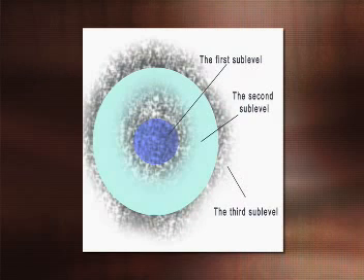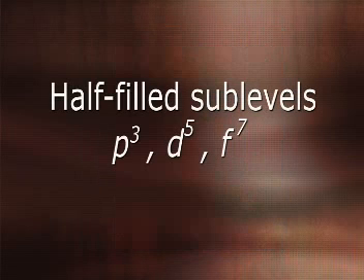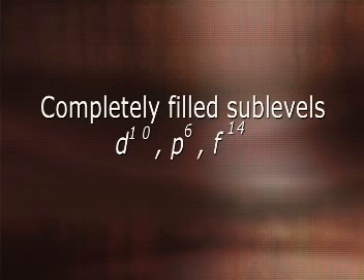It is easier for electrons to be removed from unstable sublevels than it is to remove them from stable ones. Those that are half or completely filled are more stable. Often, with the increasing atomic number, the first ionization energy decreases down the same group.